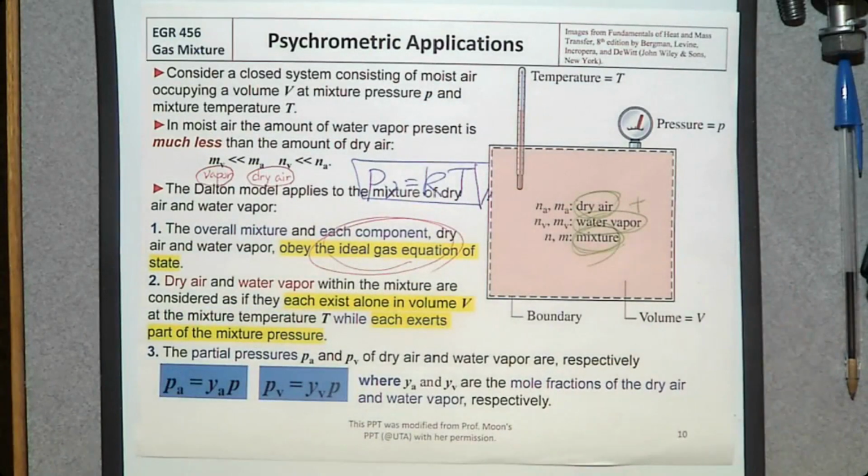We assume that dry air and water vapor each exist alone in volume V and temperature T.